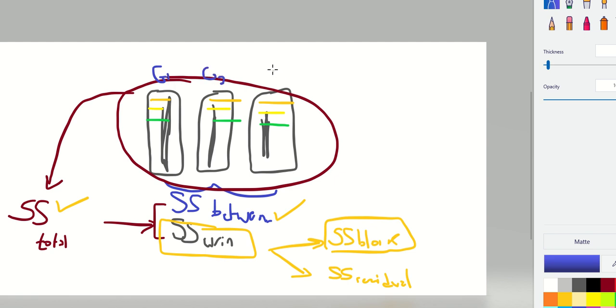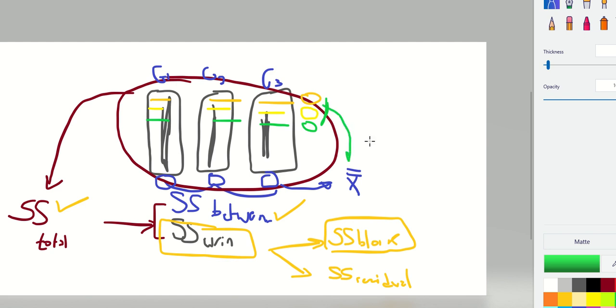The same way that we had between the groups, remember, these were group 1, group 2, group 3. We calculated the average of group 1, the average of group 2, the average of group 3, and we saw how much variability there is with regard to the average of the averages. We're going to do the same thing. You're going to calculate the average of person 1, or I should start calling it block 1, the average of block 2, the average of block 3, and you're going to see how much variability there is between the blocks.